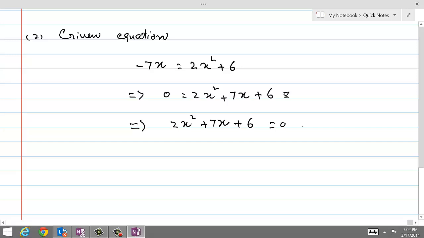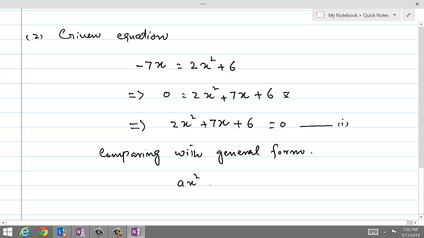So now if we say that this is equation 1 and we compare it with the general form, what we get here is the values of a, b and c.